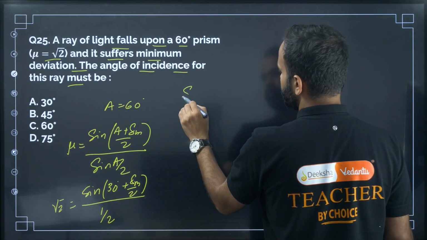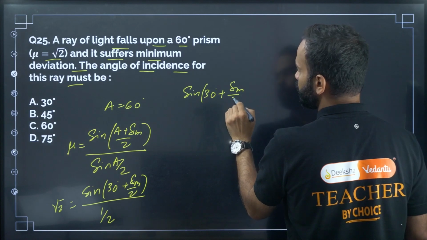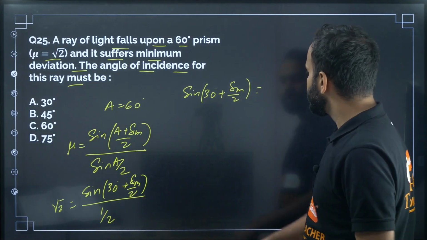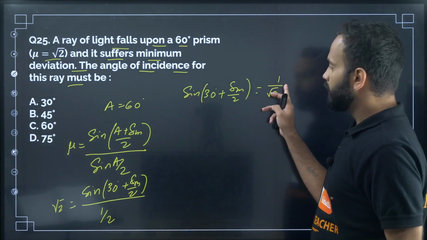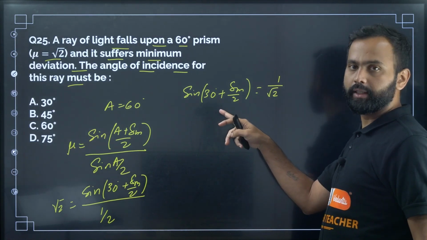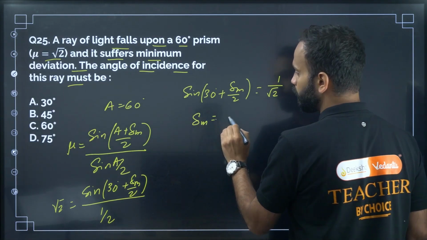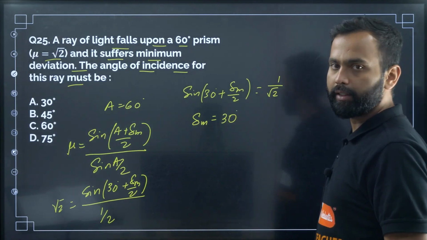So now sine of (30 degree plus delta m by 2) is equal to 1 by 2 into root 2, that is 1 by root 2. Then sine inverse of 1 by root 2 is pi by 4 or 45 degree. 45 degree minus 30 degree is 15 degree. So delta m by 2 is equal to 15 degree. So delta m equal to 30 degree. So angle of minimum deviation is 30 degree, right?